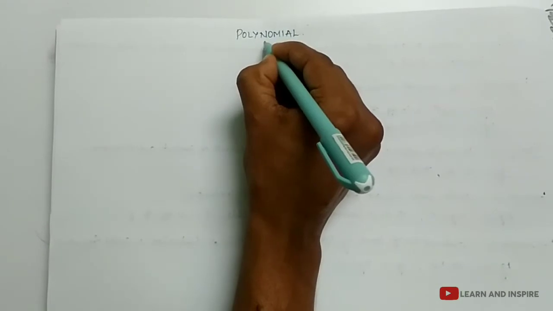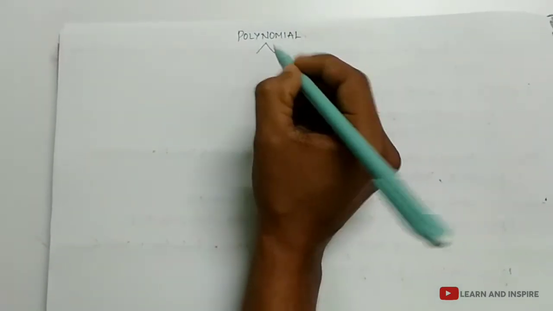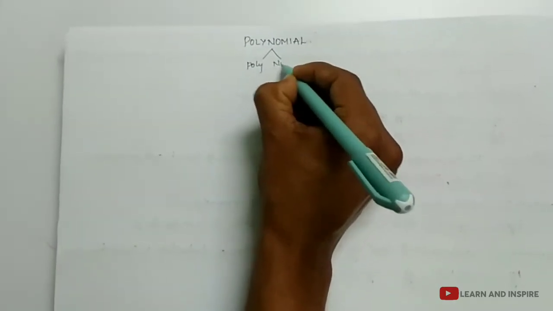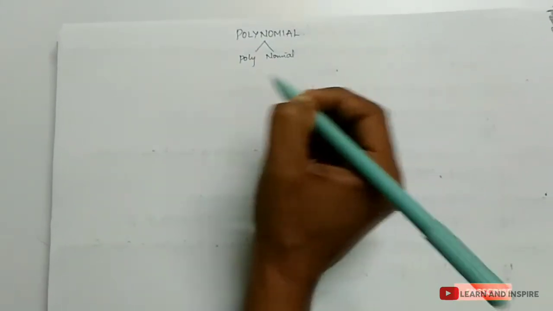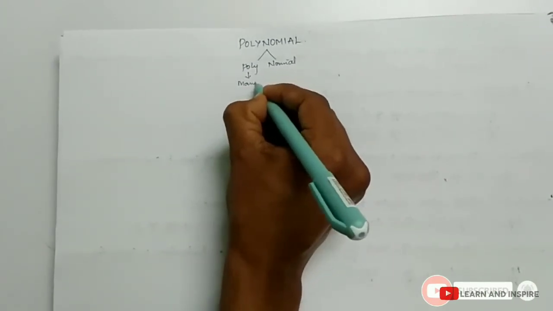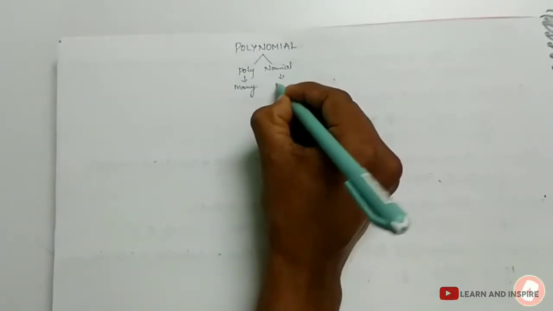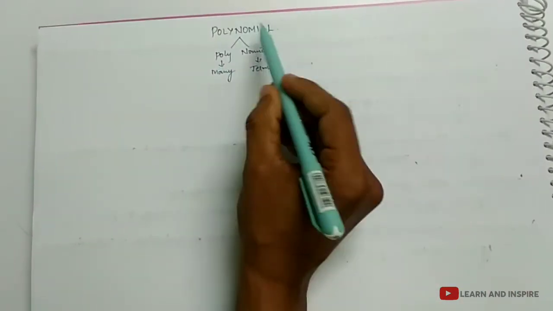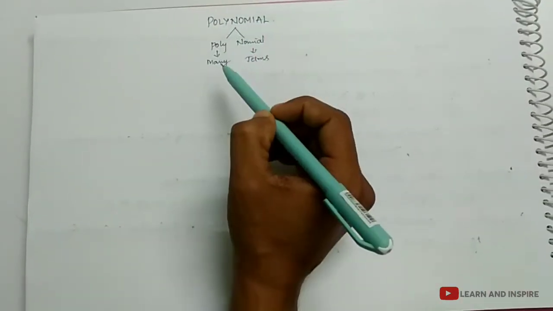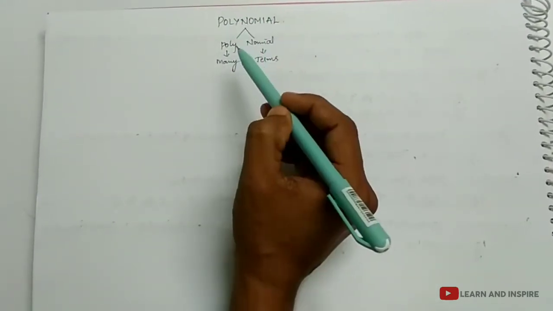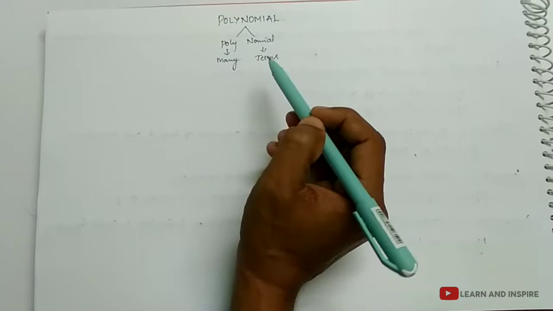Polynomial is derived from two Greek words, poly and nomial, where poly means many and nomial means terms. So a polynomial is something having many terms.